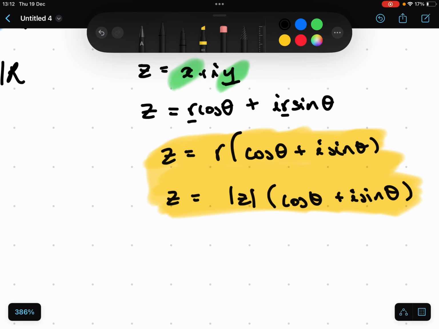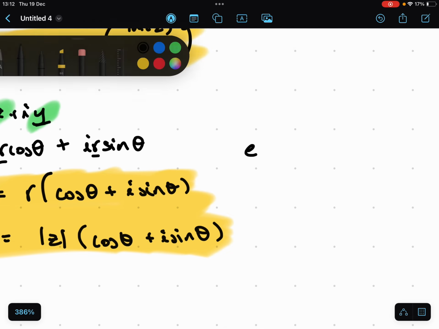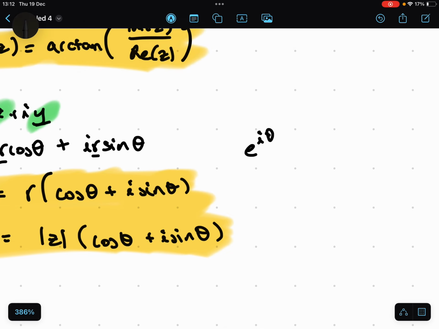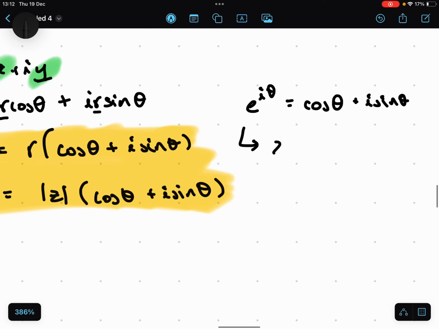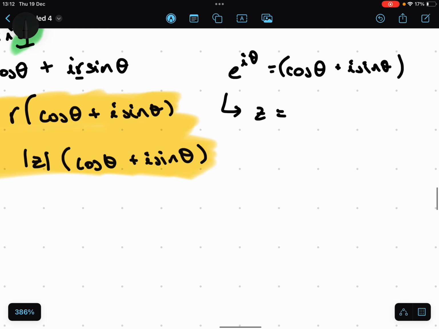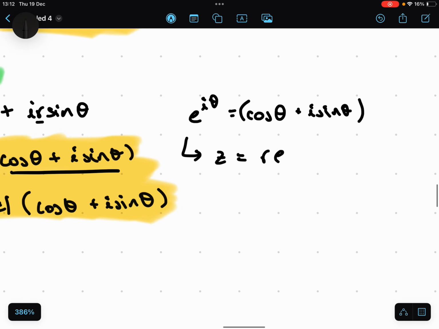And if you know Euler's identity, which we did prove in the other video, e to the i theta is equal to cosine theta plus i sine theta, which means that we can represent any complex number z, just by making this little simple substitution, as r times e to the i theta. Isn't that nice?